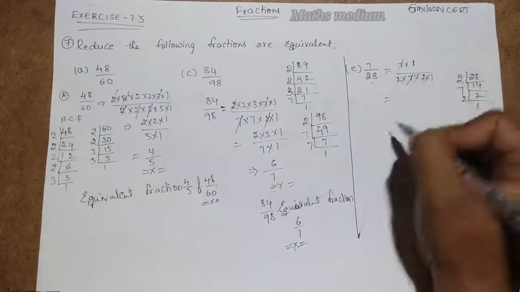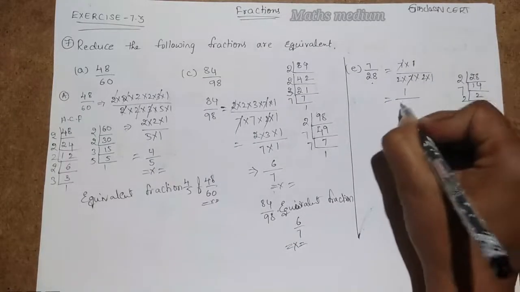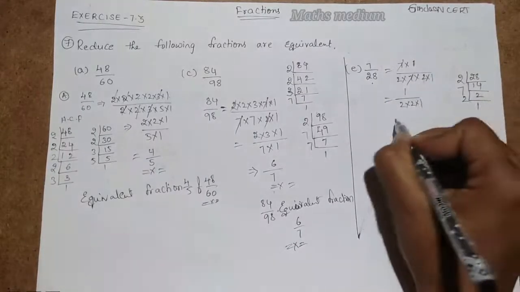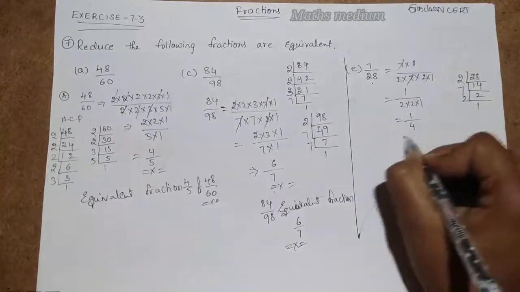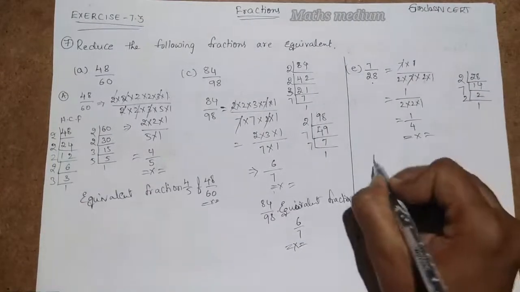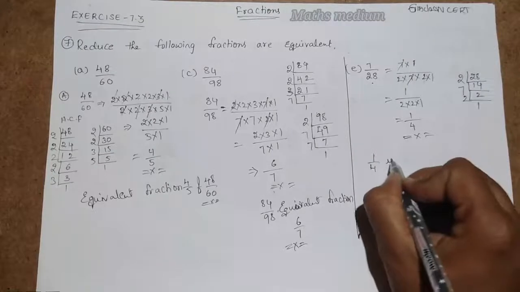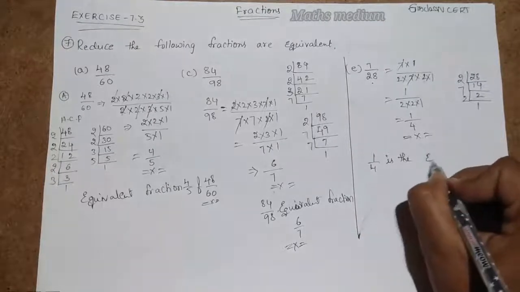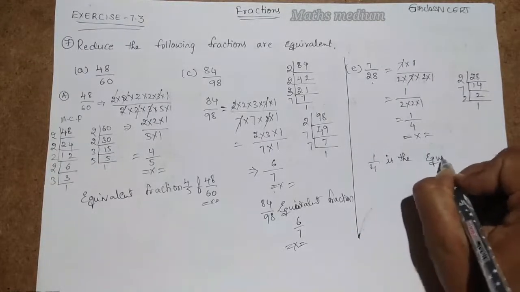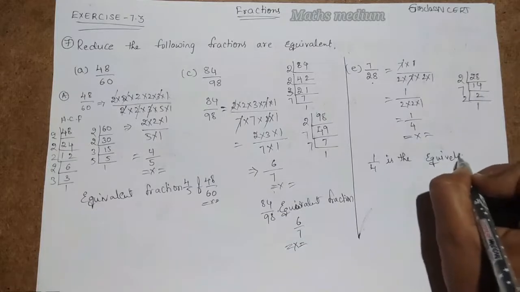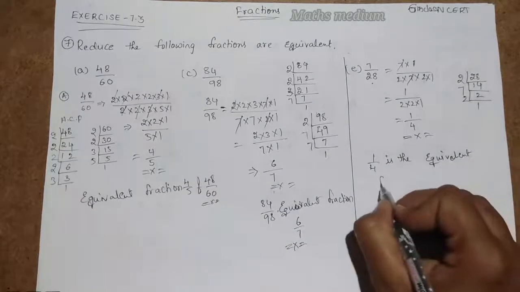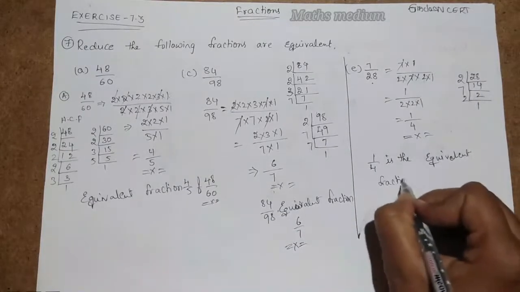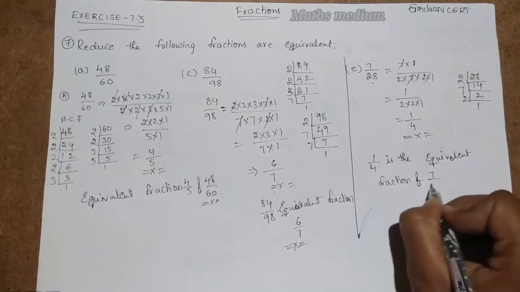So 7 7 gets cancelled. 1 by 2 into 2 into 1. So 1 by 4, this is the answer. So 1 by 4 is the equivalent fraction of 7 by 28.